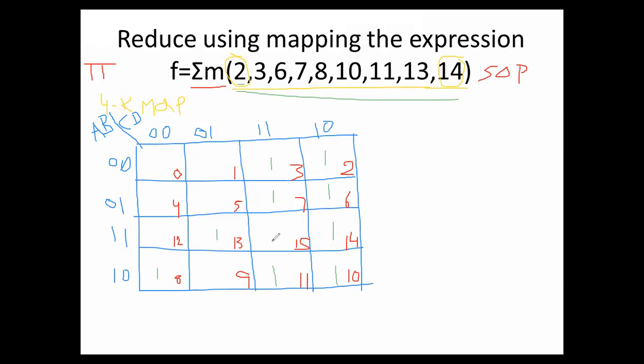Is there any possibility to get 8 adjacent ones, that is an octet? Here at 15 we are not having 1. Suppose at 15 if we had 1, then an octet would be possible here. But at 15 there is no 1, so an octet is also not possible.